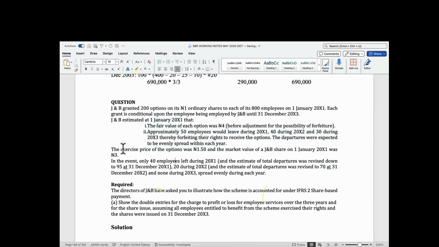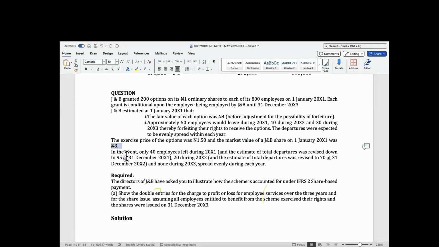So we're given the exercise price. This is the price they will buy those shares at the vesting date. And also we're given the market value of the shares at 3 naira. We don't need this one for anything, really. And it says in the event, meaning at the end of the year, only 40 left during 2001.